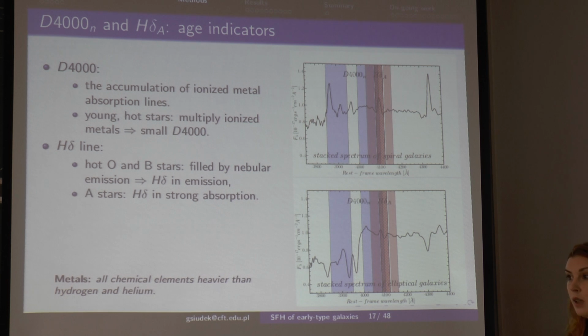No, there is a lot of multiply ionized metals. A lot of ionized metals would mean that you may have absorption, or not, because they are ionized completely, right? That's what you are saying. Yeah.